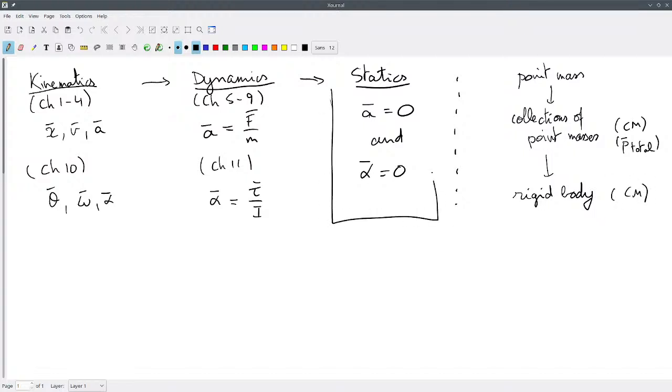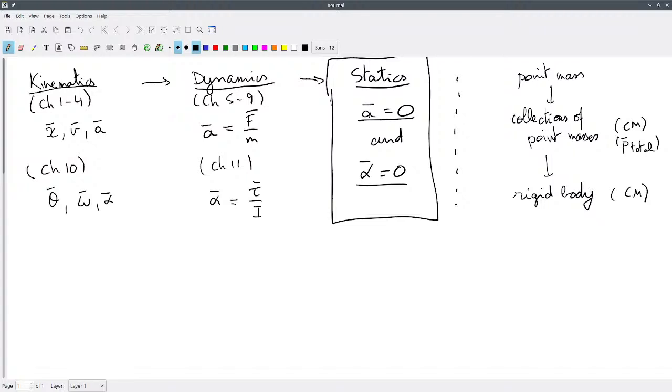So what we're going to focus on now is this statics part, because in many cases, and in particular in mechanical engineering cases, we're going to want things to remain with 0 angular and linear velocity. If a building has a non-zero linear or angular acceleration, then we have a problem.